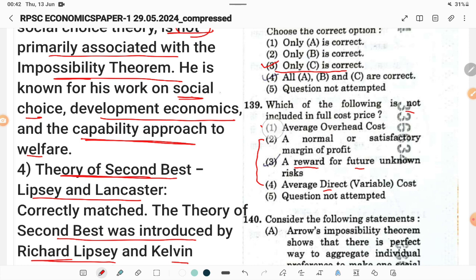So the answer will be the fourth one, average direct variable cost.